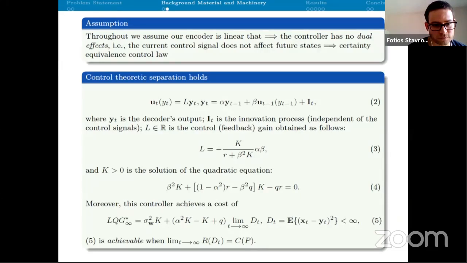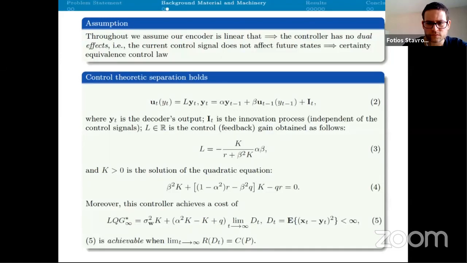I will only briefly discuss the cost of control in equation 5, because this is the important part of this paper. We see that the optimal cost consists of two parts. The first part is due to full state observation in our system, and the second part is the communication cost that stems from the fact that we have an encoder, a noisy channel, and a decoder.